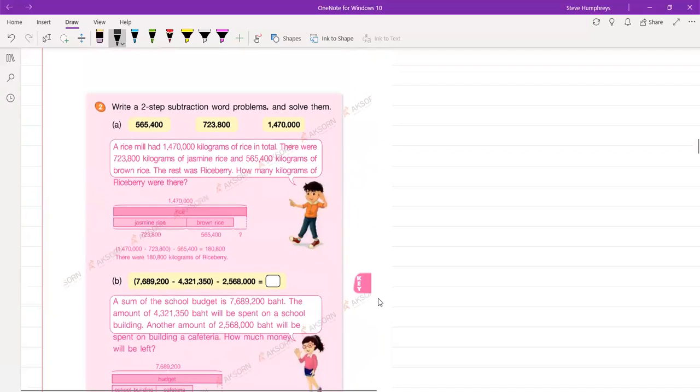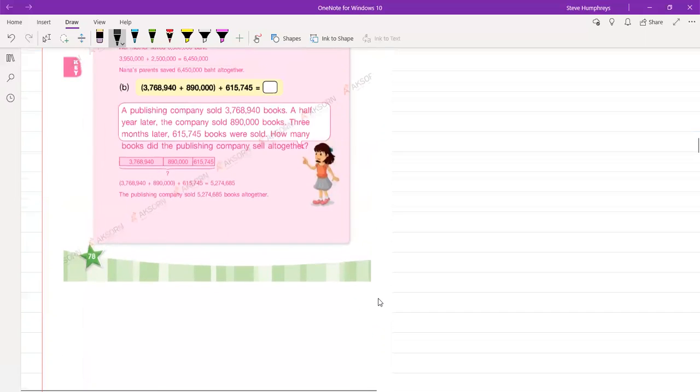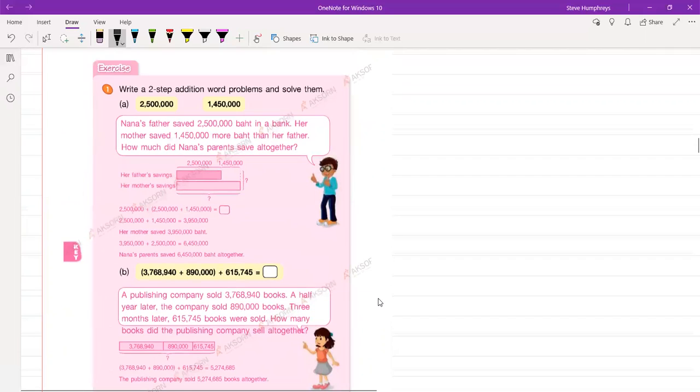it gives you examples, okay? Just have a look what they're asking. Number 1, exercise. Number 1, write the two-step addition word problem and solve them. Gives you these 2 numbers, okay?